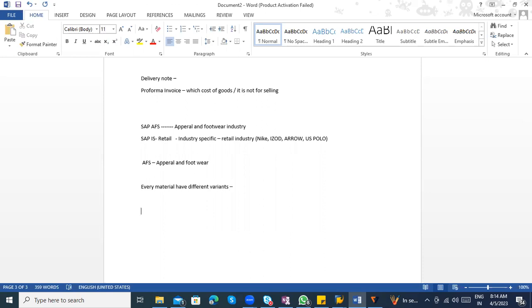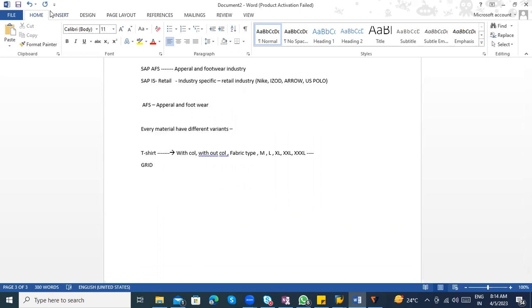If I have a t-shirt, again different models will be there, with collar and without collar, different fabric types, medium, large, XL, double XL, and triple XL. There are so many sizes and colors, so in that case they will maintain a grid.